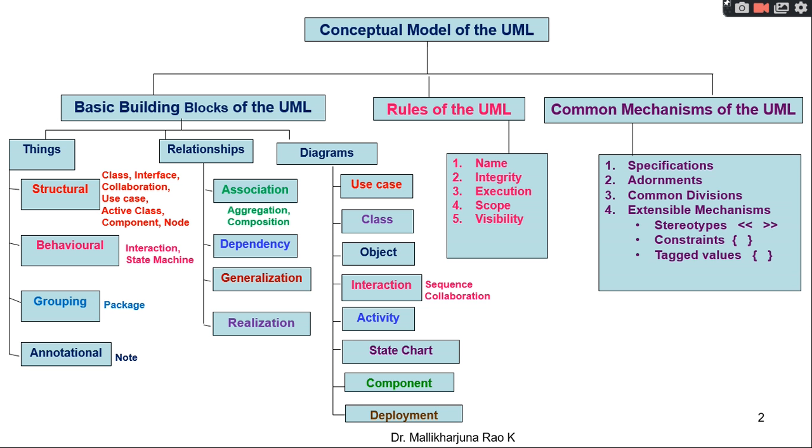These are the static parts of the UML, and they are also called the nouns of the UML. In any use case or problem that is given, we have different types of nouns, and we can represent the nouns using structural things.